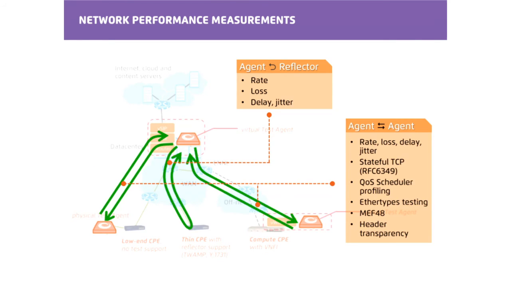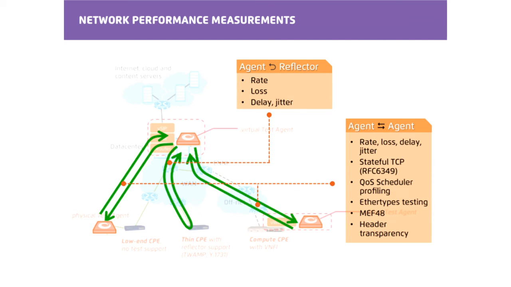So going back to what can be done here, if we go back to the same scenario, we have the test traffic going from the agent to the reflector. So we have the centralized virtual test agent in the data center, sending a reflecting stream in the middle here to the thin CPE. You can measure rate, loss, delay, and jitter.